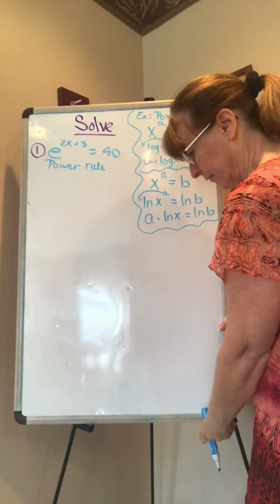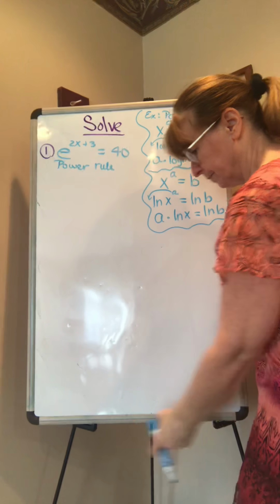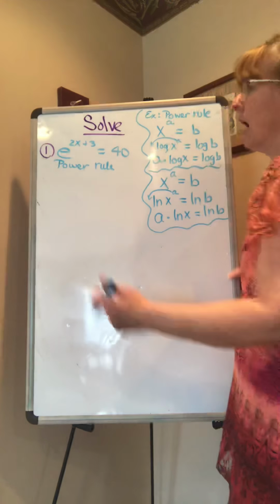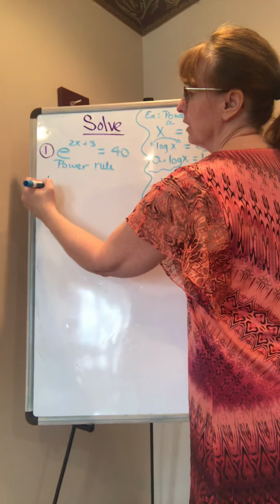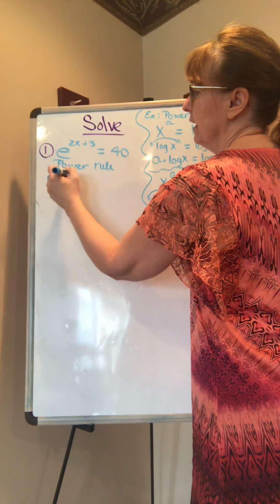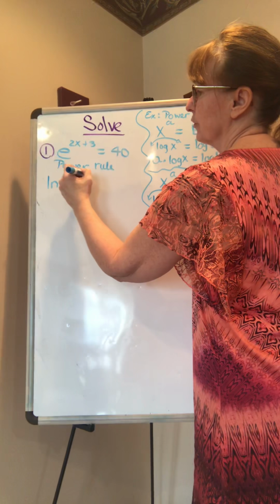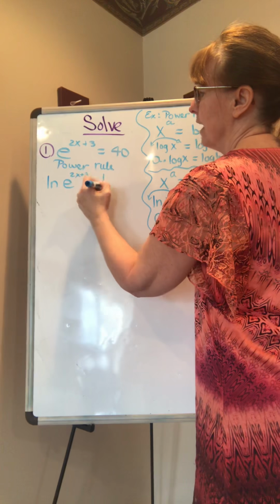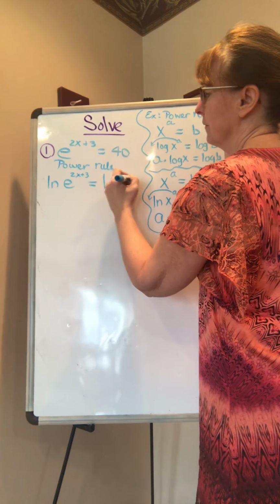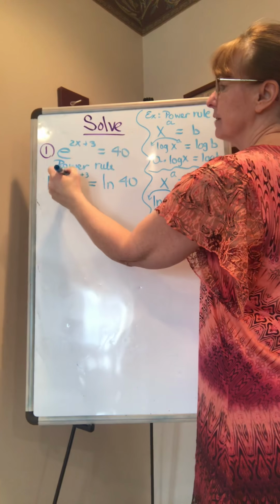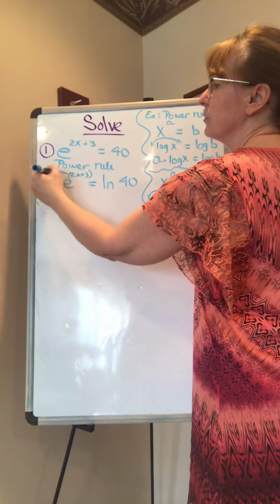If I am now going to solve this, I will put a natural log on e to the 2x plus 3, and I will put a natural log on 40. Now what happens here? This entire exponent comes down in front.